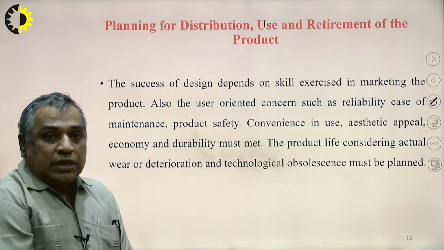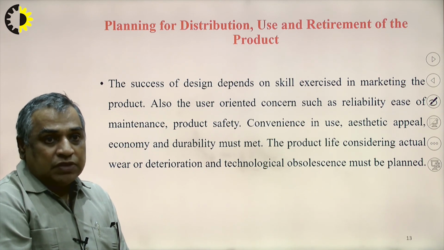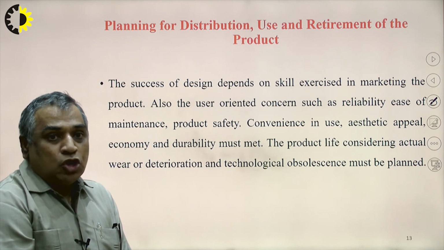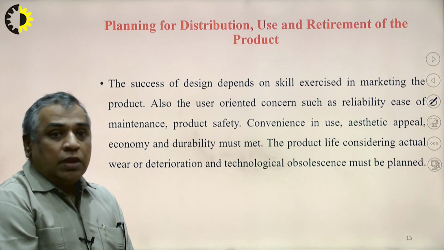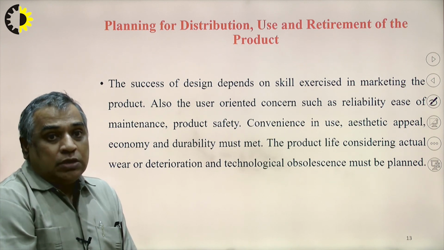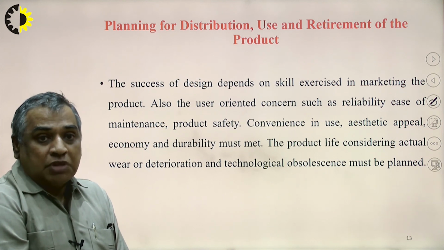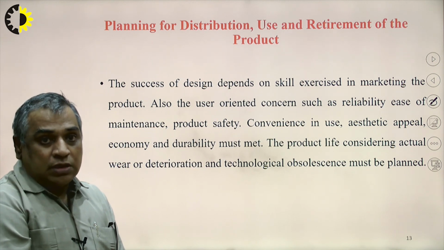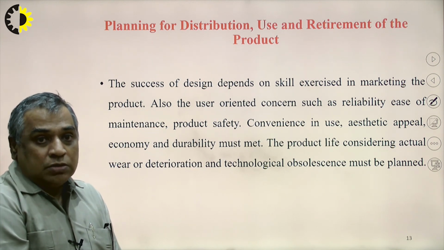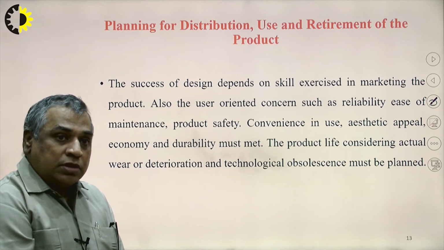If in the market there are a number of products available having the same reliability, same efficiency, same effectiveness, same economy, then naturally the consumer will be attracted towards the product which has the appealing outlook. So aesthetic appeal is another important parameter or concept to incorporate in the design.